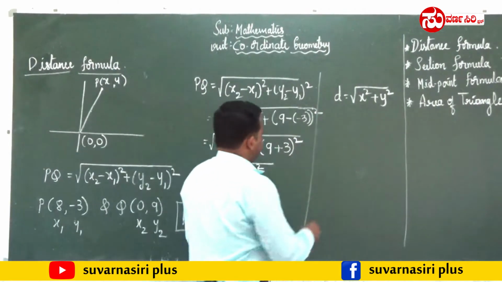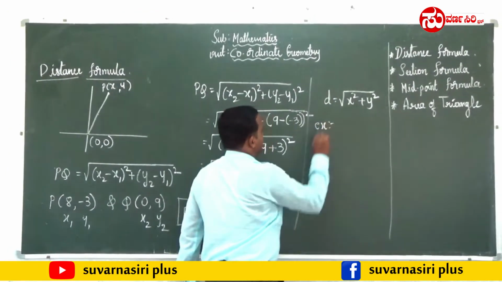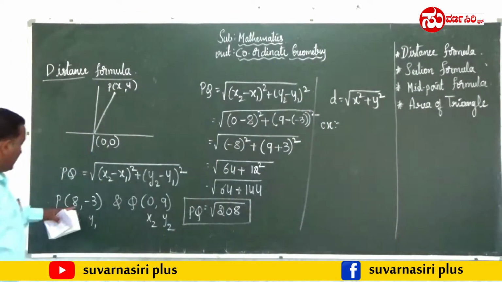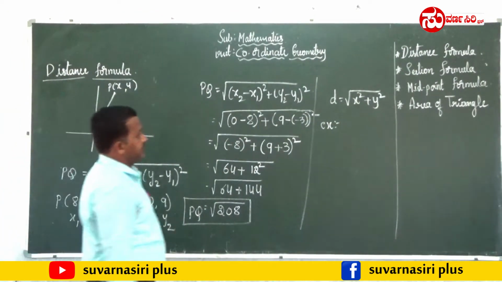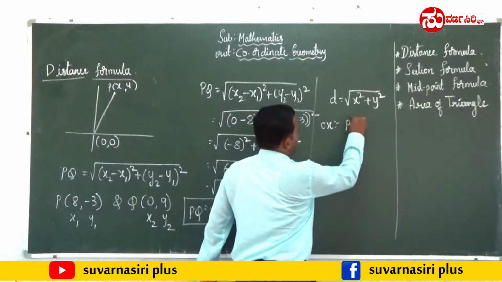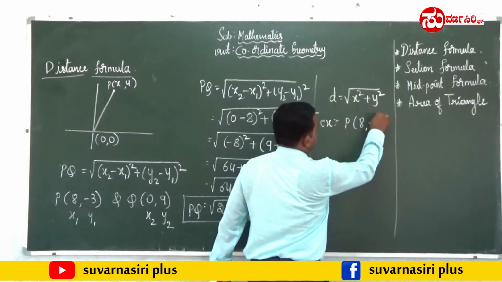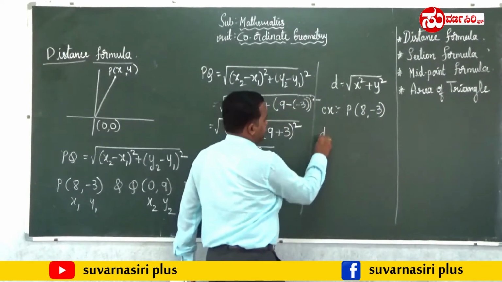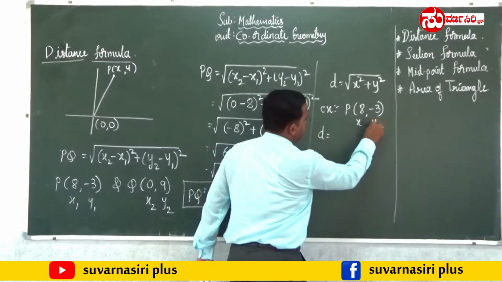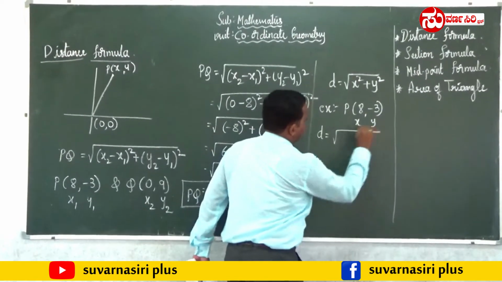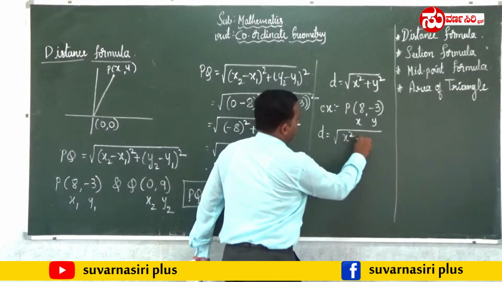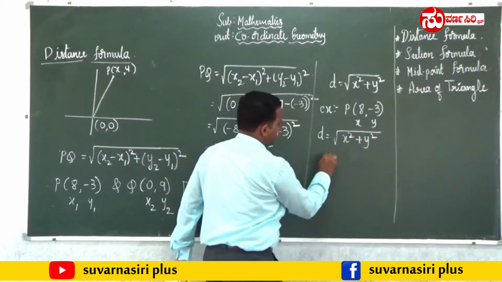So let us take an example. Let us take the same point P, 8, minus 3. So d is equal to, this is x and this is y. Formula: square root of x square plus y square.